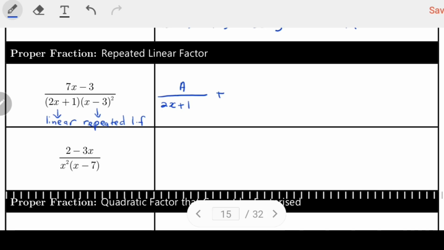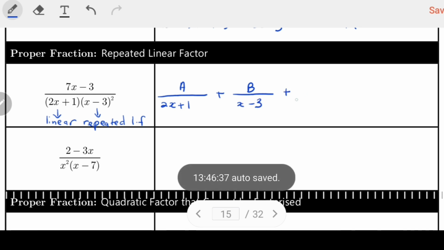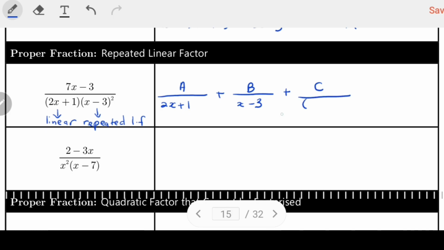But for repeated linear factor, if you look here, the linear is repeated twice. So for the first fraction, we're going to have a constant over the linear. And the second fraction, we're going to have another constant over the linear which is repeated twice.